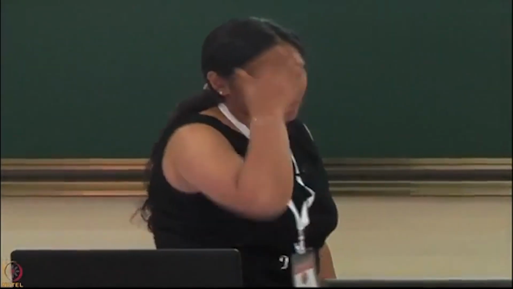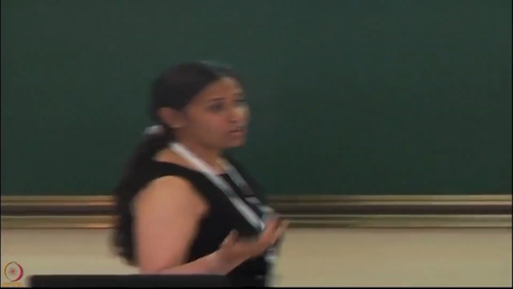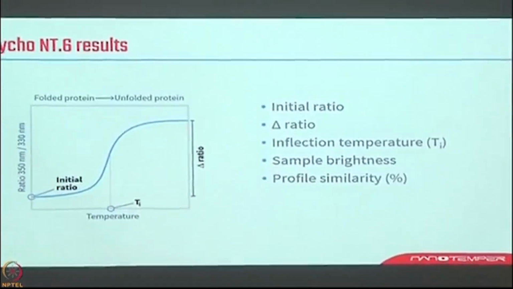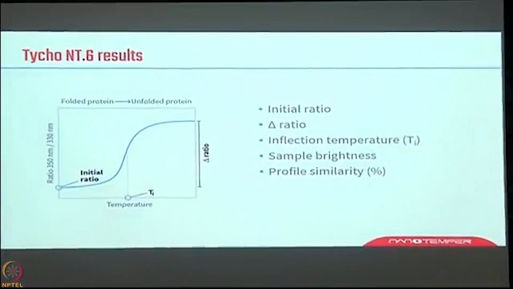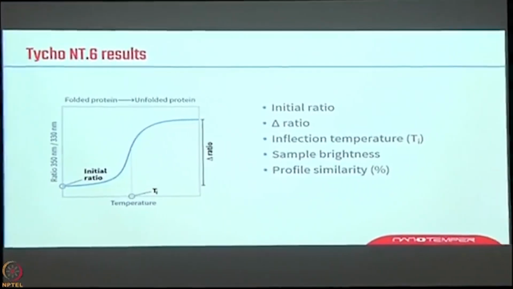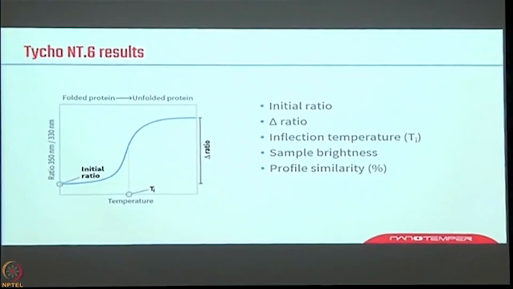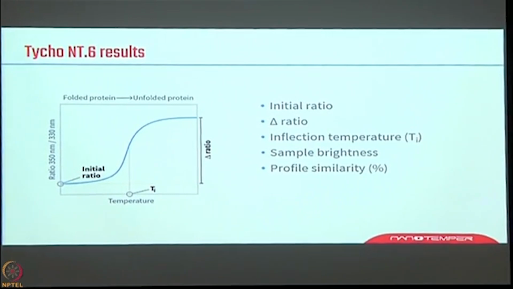Now, I have a few applications that will tell you where all Tycho can be used. When you see the basic principle that is applied here, it is checking the intrinsic tryptophan fluorescence. So, as the protein goes from a folded to an unfolded state, it will give you a particular TI value.